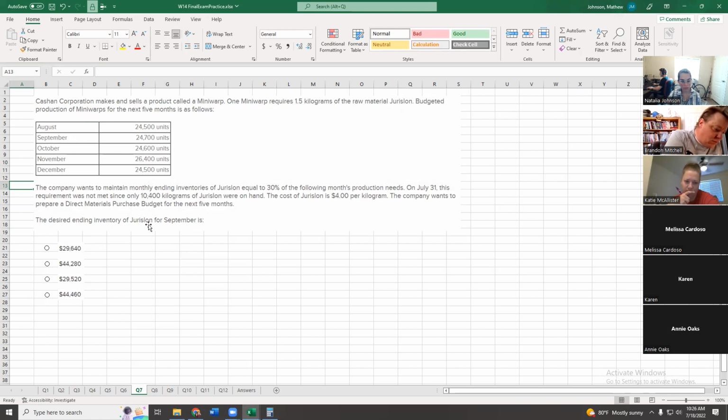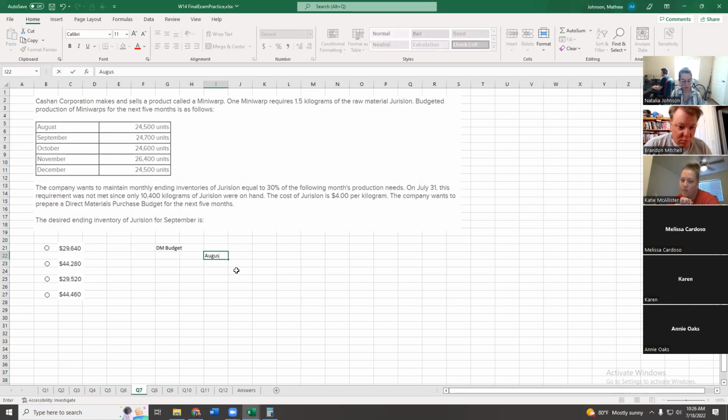So if they're asking for this material, that means we need to use the direct materials budget. And they're asking for September, so we don't really have to do all the months. We can do one month before and one month after. So let's do August, September.